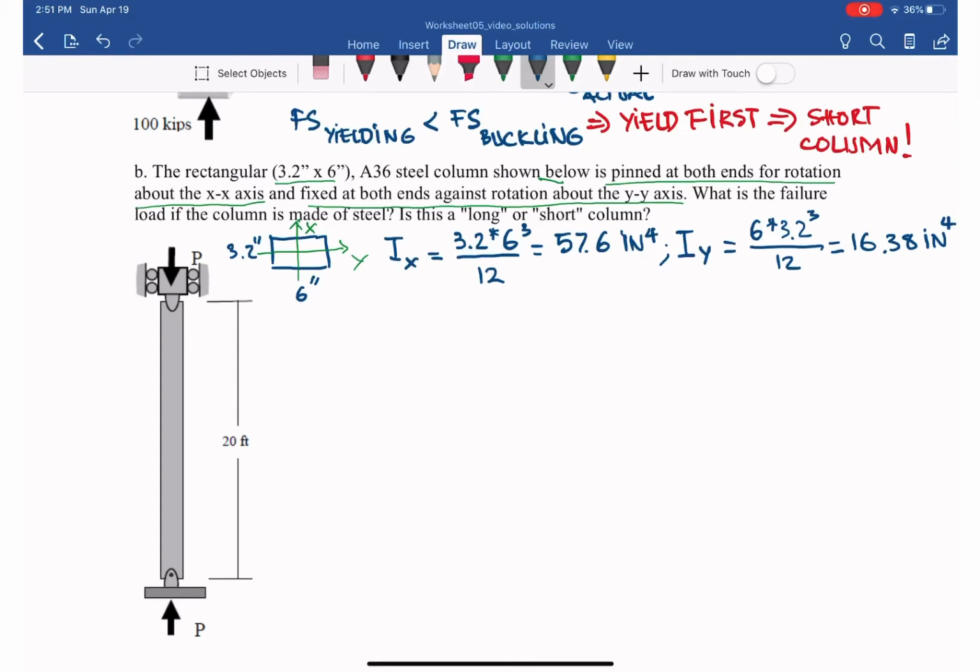From that we also determine the critical load, the failure load due to buckling, and the failure load or stress due to yielding. So let's work on the buckling.